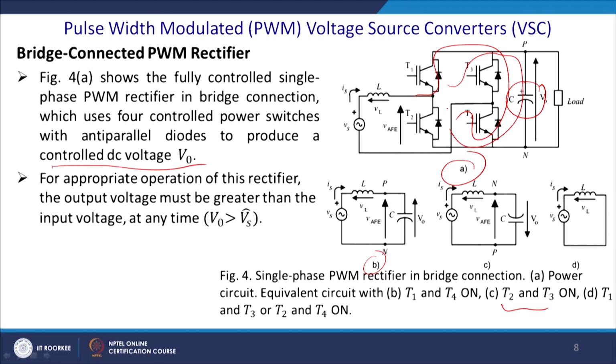and when you have a shoot-through state, or a short state, that is T 1 T 2, T 1 T 3 or T 2 T 4 are on, that means you short the capacitor.